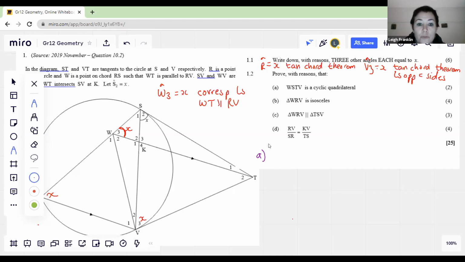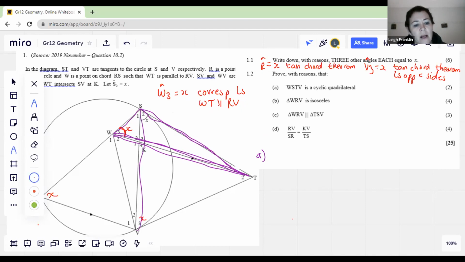What I was wanting you to do, all right, was to look at line ST over here, and see how we can follow that to W3. Then if we come back to ST again, if we come back here, my straight lines are appalling.